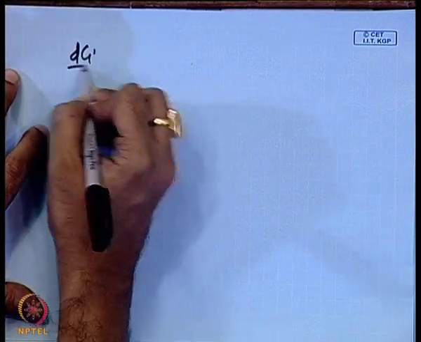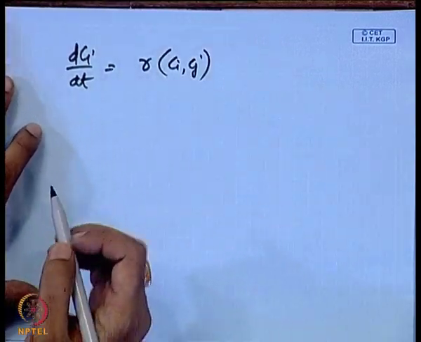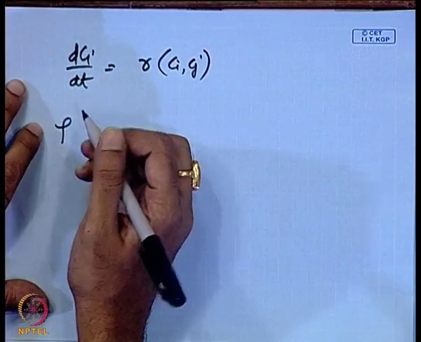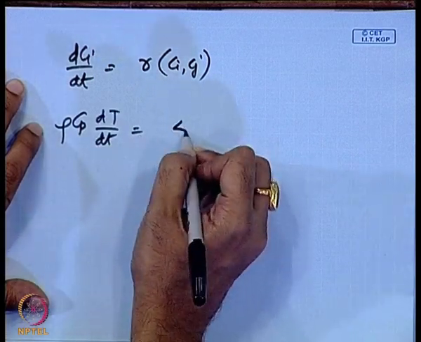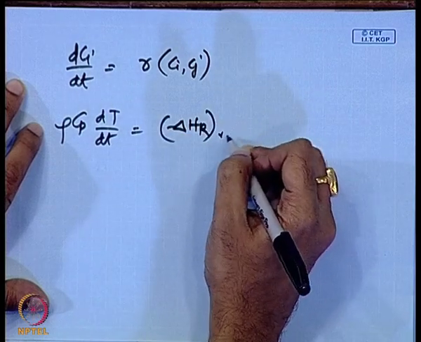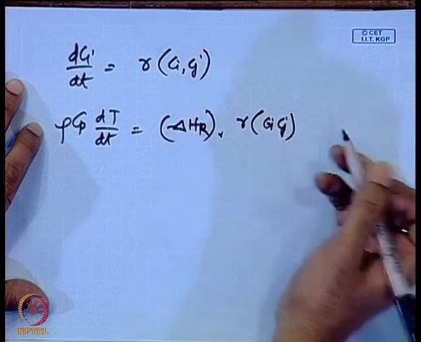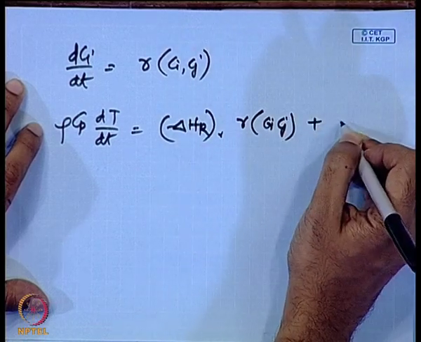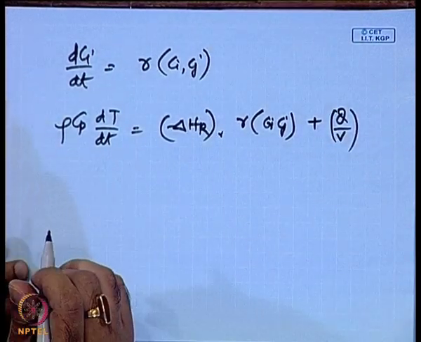So, dCi/dt equals R of Ci, Cj, and rho Cp dT/dt equals minus delta Hr times R plus, let us say, Q over V, which is a constant. So, what do you do now?